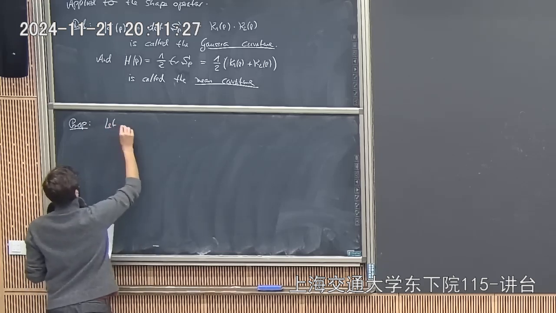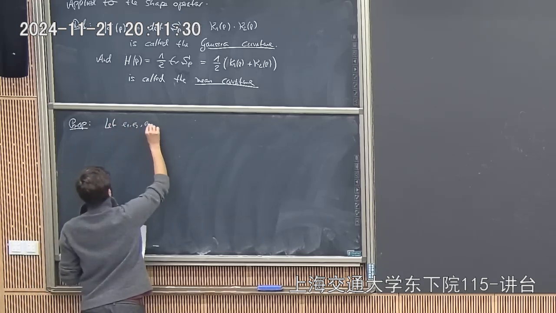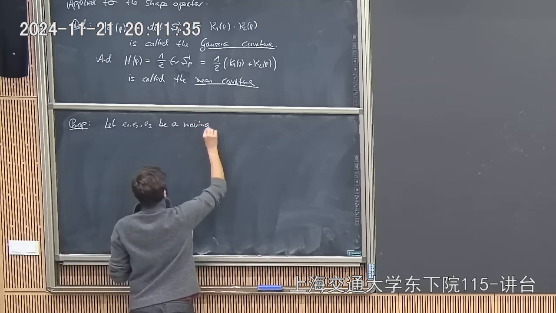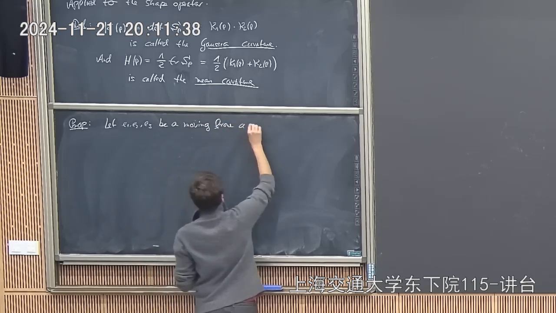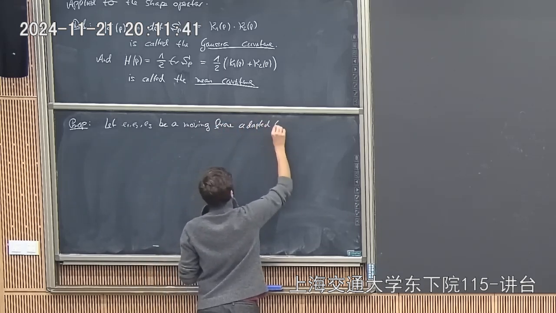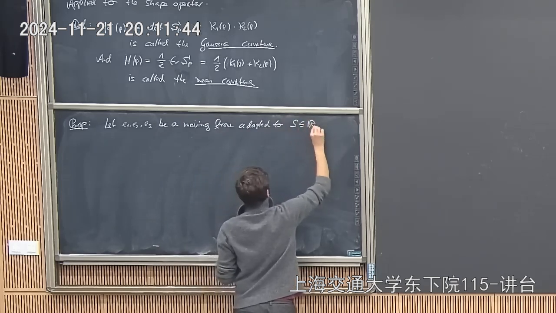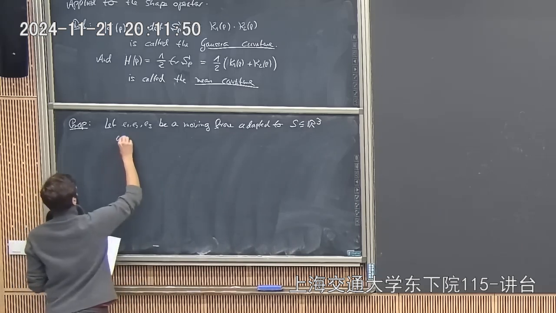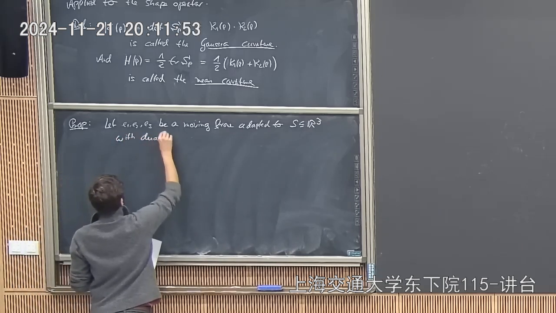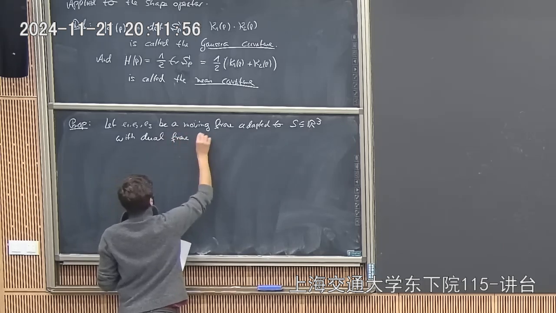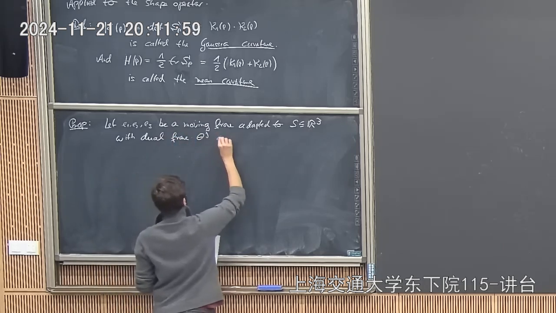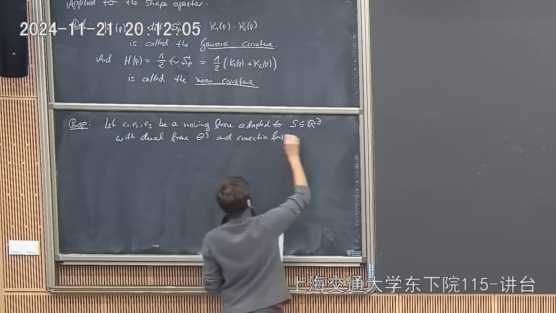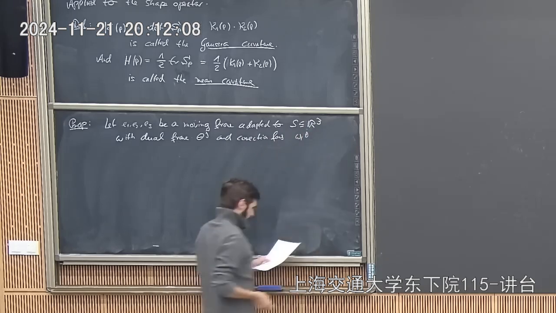Let E1, E2, and E3 be a moving frame adapted to our surface, and as before, we have the dual frame phi j and connection forms omega i j.